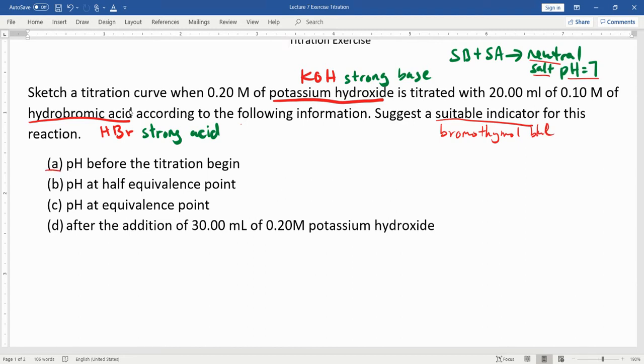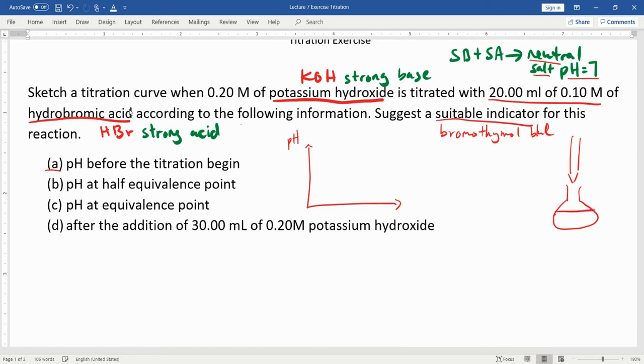Now let's start with the calculation first. Remember, in order to sketch a titration curve, we need to know the pH, and we need to know which one is in the burette and which one is in the conical flask, which we name the analyte. The information we get is 20 ml of 0.1 molar hydrobromic acid.